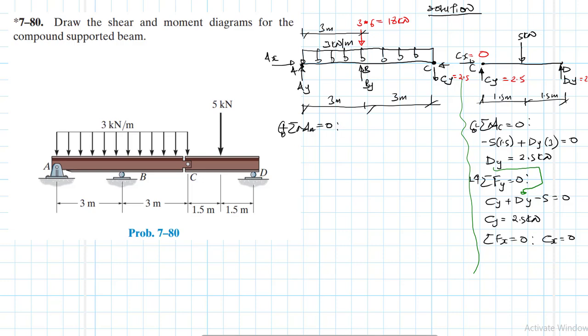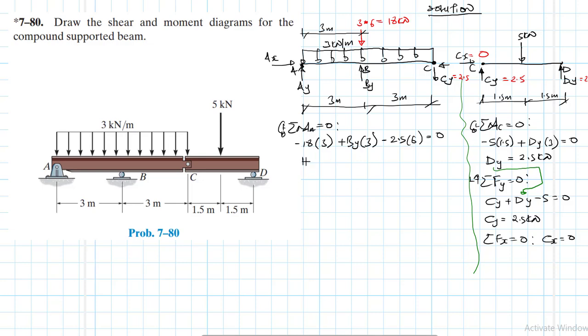So we have minus 18 by 3, then we have By by 3, then we have minus 2.5, which is Cy, by 6, equal to 0.